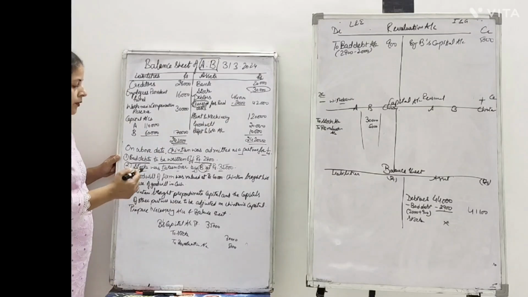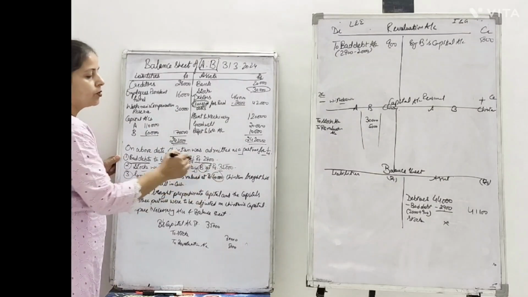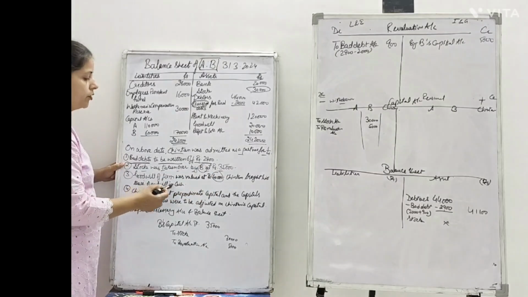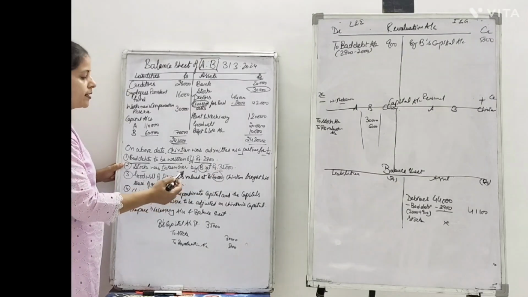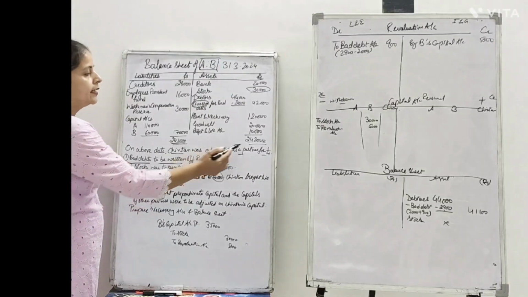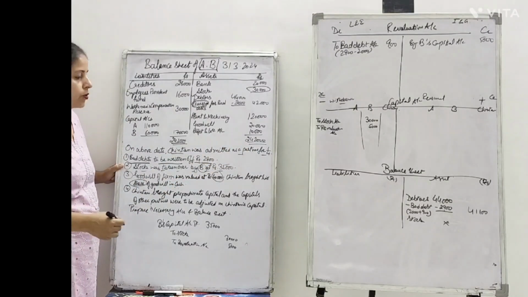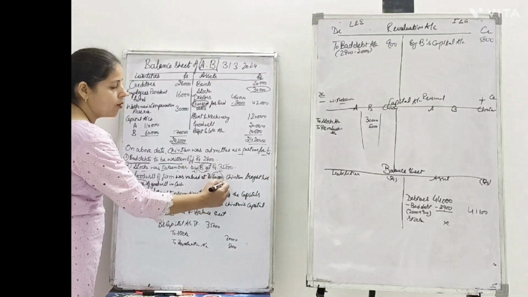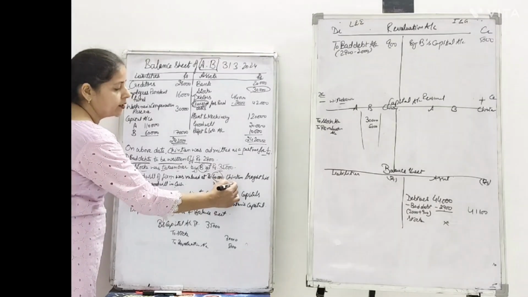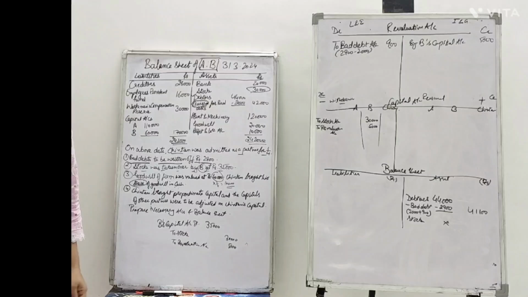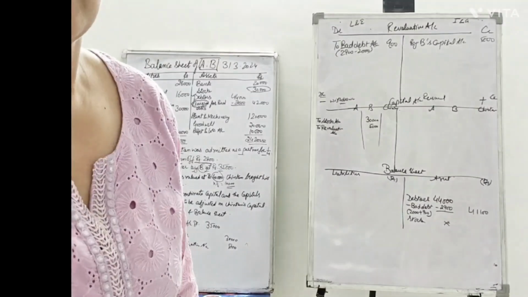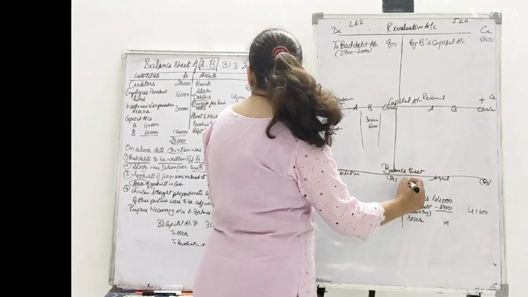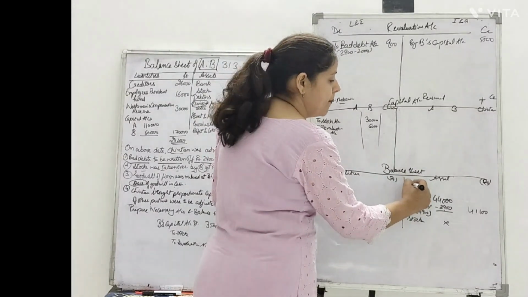The next is goodwill of the firm. The firm's goodwill was 40,000. Chintan brought his share of goodwill in cash. What was his share? That was 1 by 4. So 40,000 times 1 by 4, how much goodwill does he have to bring into the business? That is 10,000 rupees. I have told you that the premium for goodwill we will do in the bank.